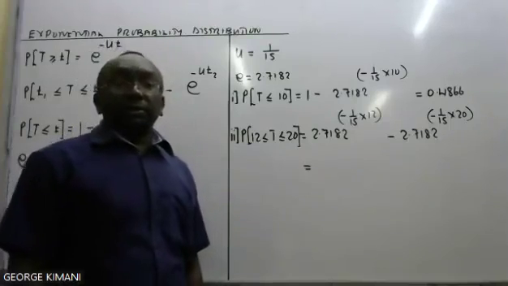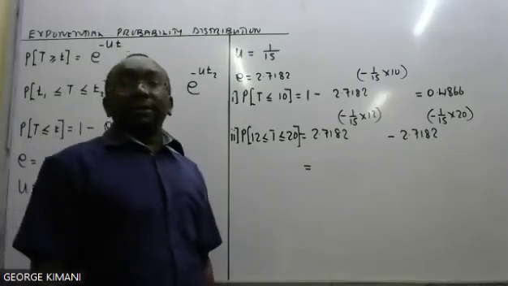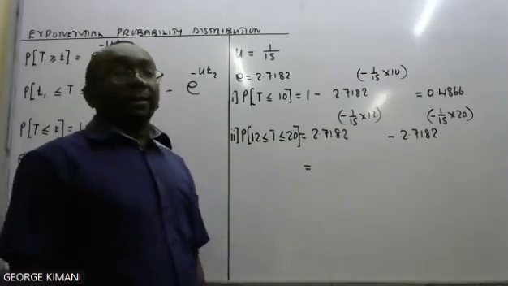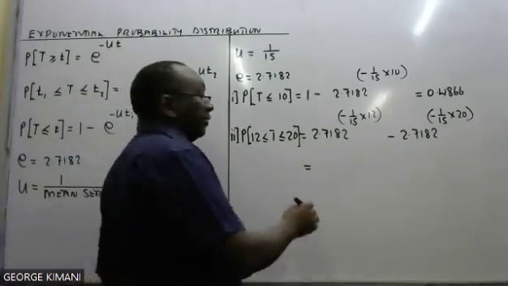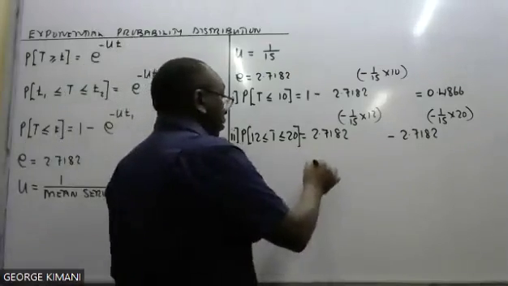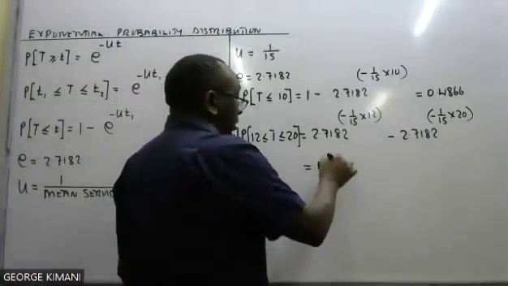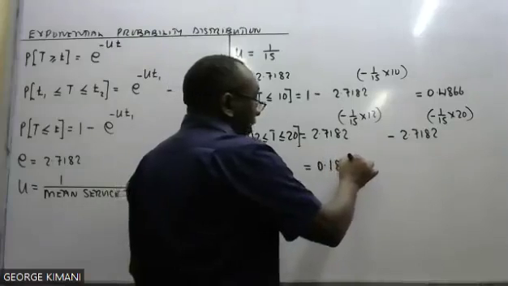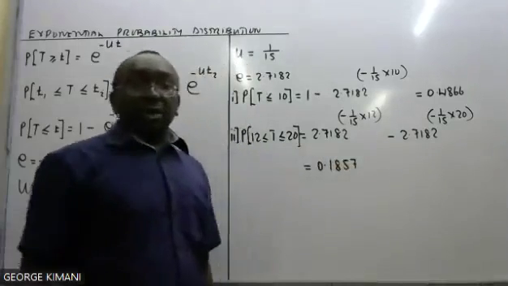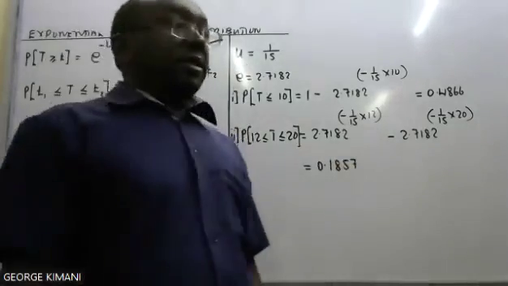You're taking too long. 0.1857. Those are online. Make sure you're also sending your figures.